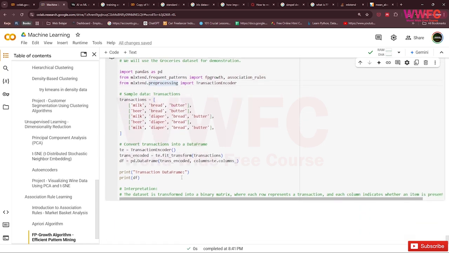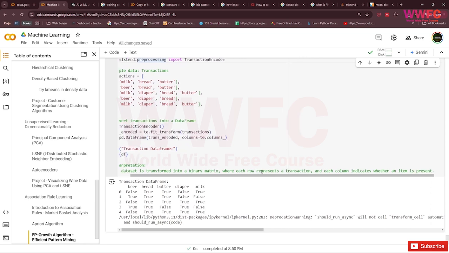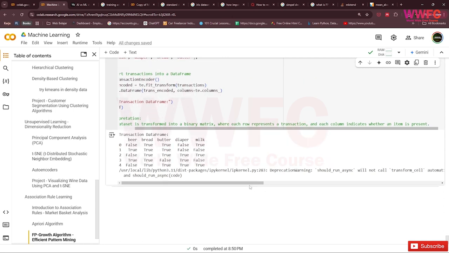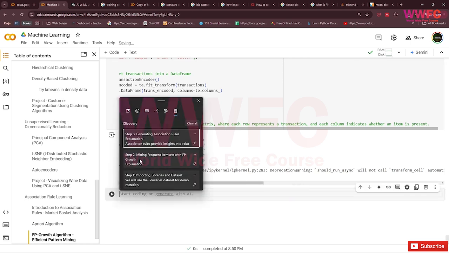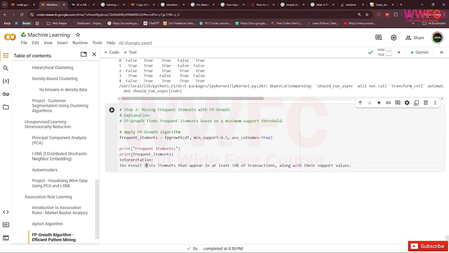dataset for demonstration. The dataset is transformed into a binary matrix where each row represents a transaction and each column indicates whether an item is present. So this is like our usual association rule learning. And then we go to step 2, mining frequent itemsets with FPGrowth.